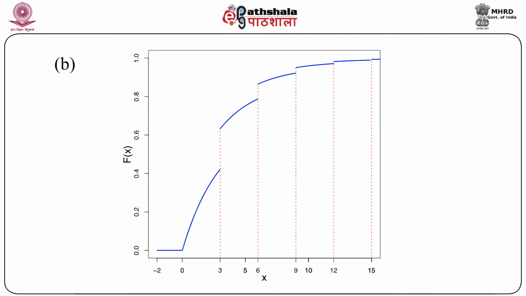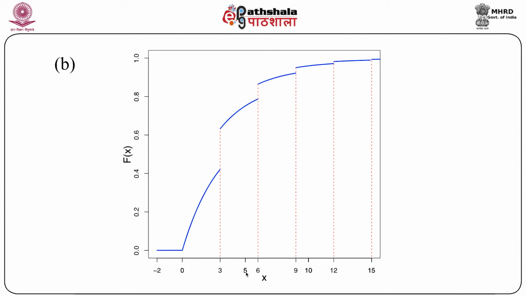So there is a jump. As soon as it reaches a number like 3 or 6, there is a jump, because all other numbers slightly less than 3 or 6 or 9 do not get that value. If the multiple of 3 is 3, the floor of x by 3 becomes 1, and like that.